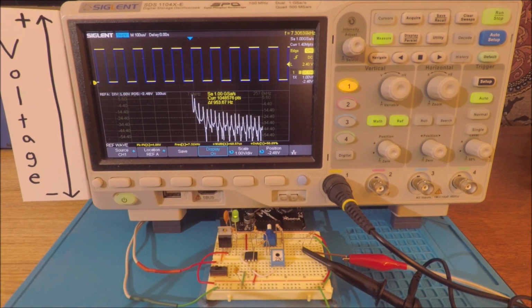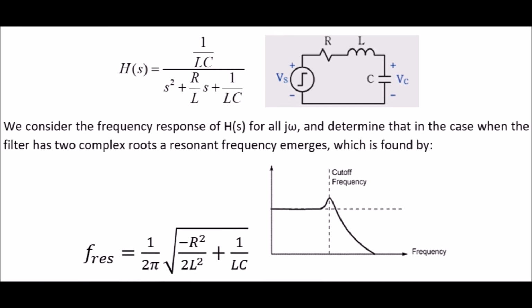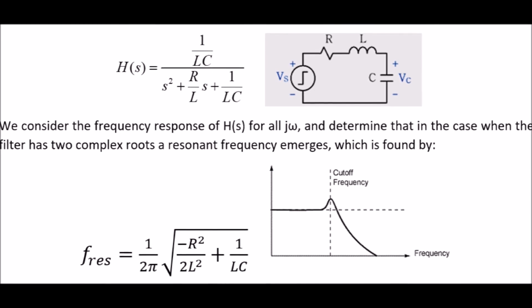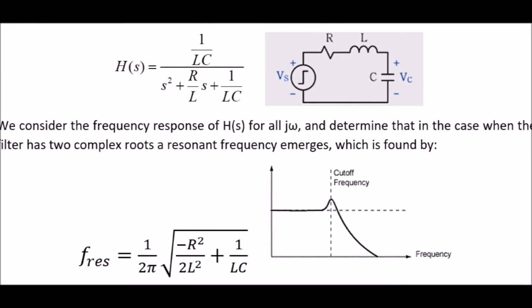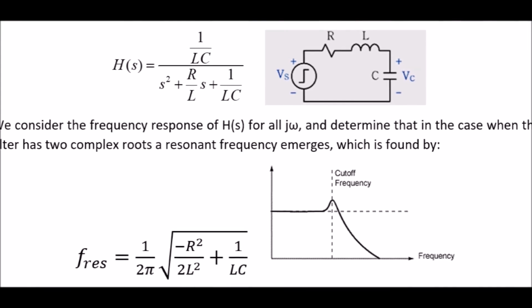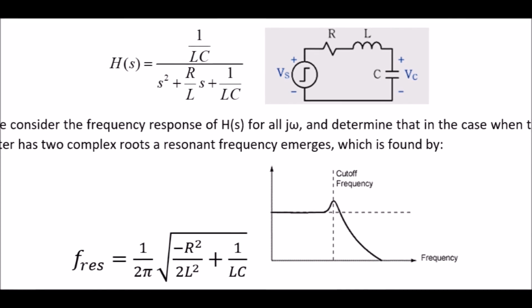Very last, a most interesting thing to do would be to see if we could extract the fundamental frequency of our waveform and filter everything else out. We could accomplish this with a resonant second order filter by carefully selecting each of our components to place the resonant peak right at that 7.3 kilohertz fundamental frequency, which would effectively suppress all of the higher order harmonics, but retain the fundamental.